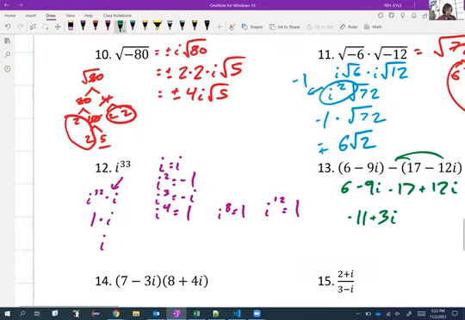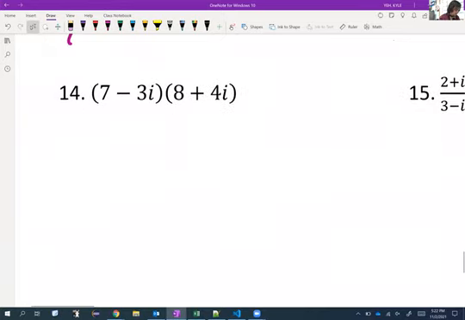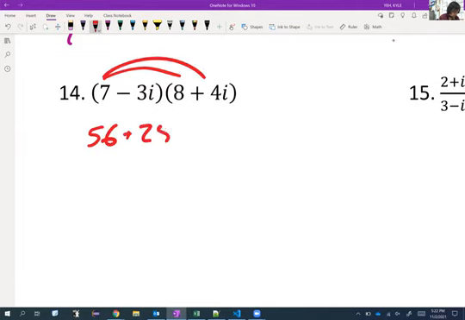Two more. 14, multiplying 2 complex numbers together. So 14, we're going to FOIL and then simplify, especially remembering that i squared is negative 1. So 7 times 8, 56. 7 times 4i plus 28i minus 24i minus 12i squared.